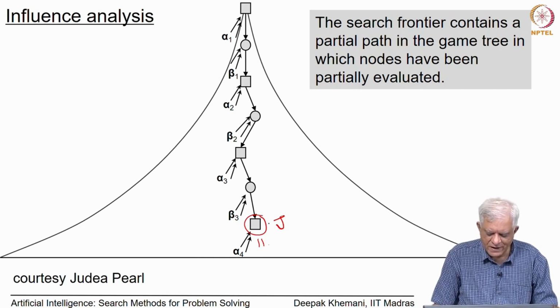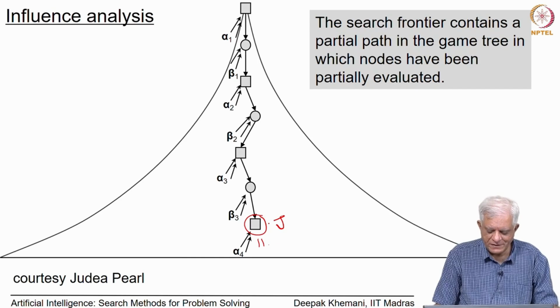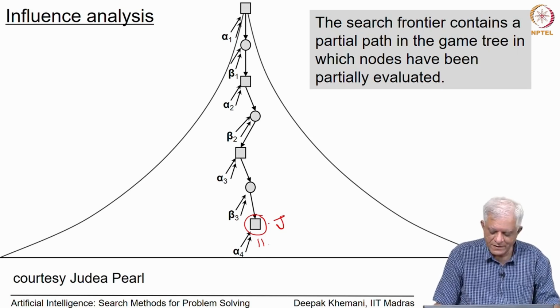And the question we want to ask is, till when should we continue exploring this node J, and by that we mean making recursive calls to the children of J and getting their values and seeing if you are getting a better value.